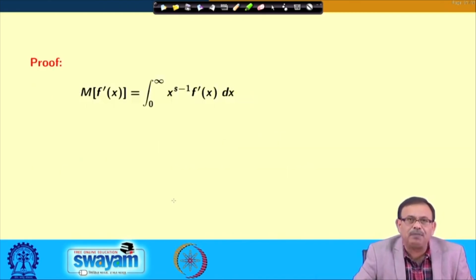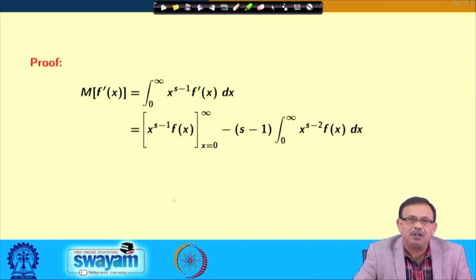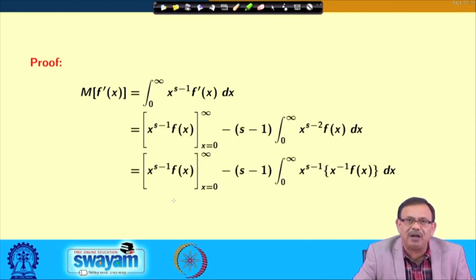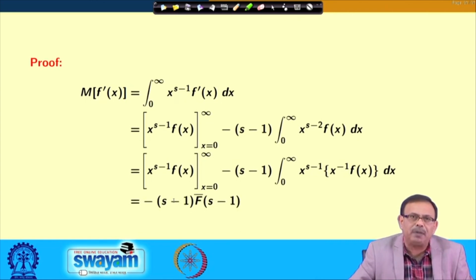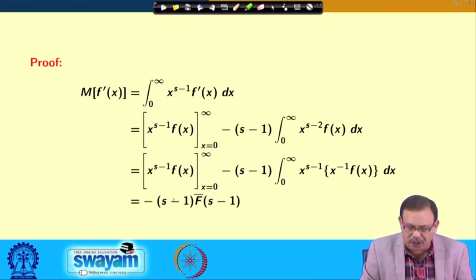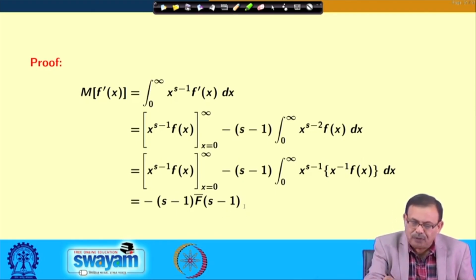We started with the left hand side, we are just using integration by parts. Now, this first term will vanish because of the given condition, and the second term is nothing but minus (s minus 1) into f bar (s minus 1).